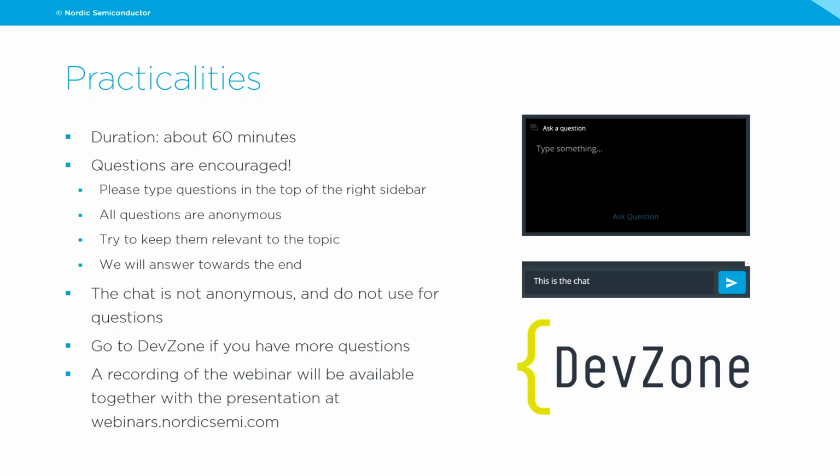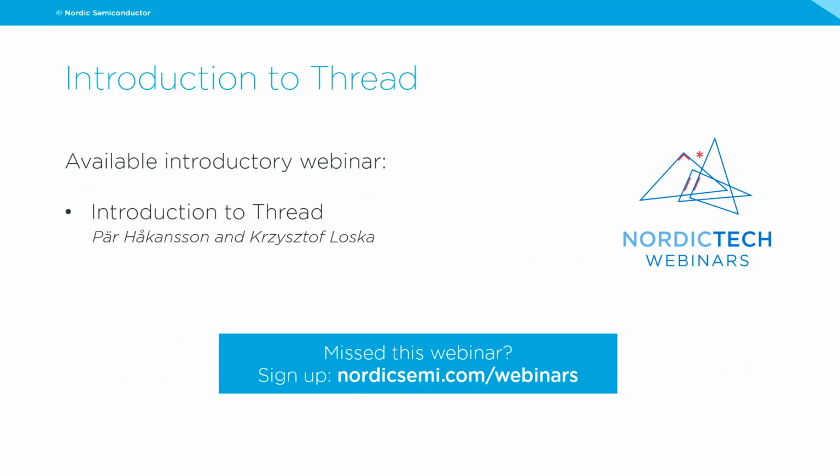If you have any other questions that are not relevant to the topic, please ask them on our DevZone support portal. After the webinar, there will be a recording made available on our webpage. If you missed it, we recommend that you have a look at the Introduction to Thread webinar as well, if you're not familiar with the Thread protocol itself.